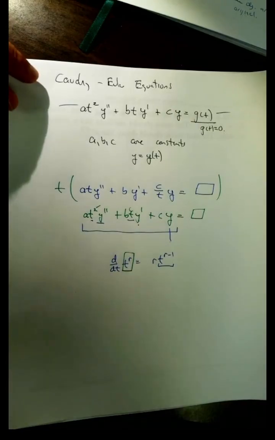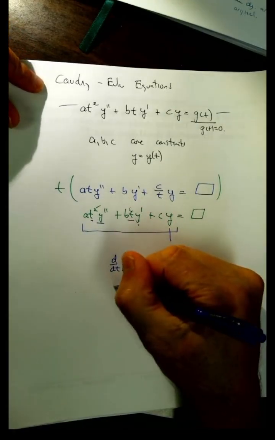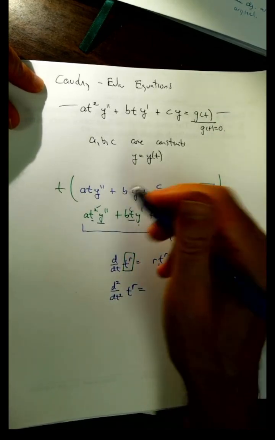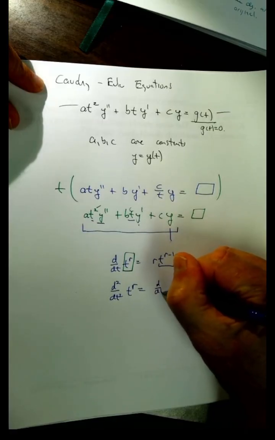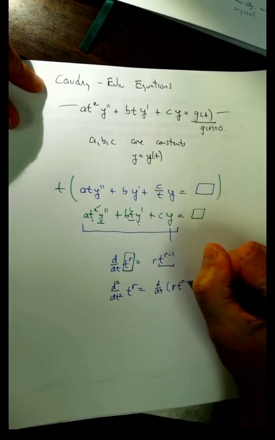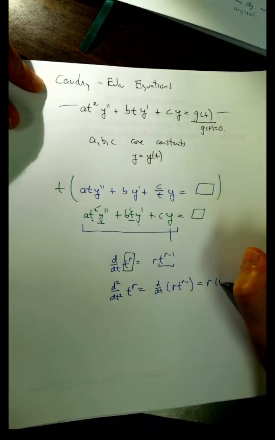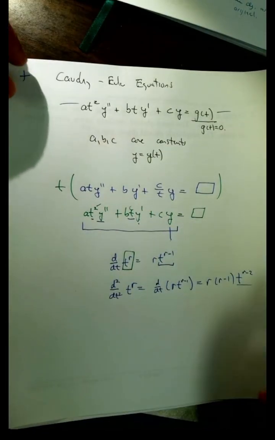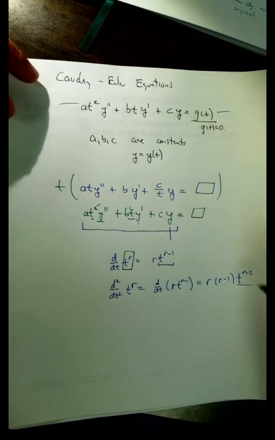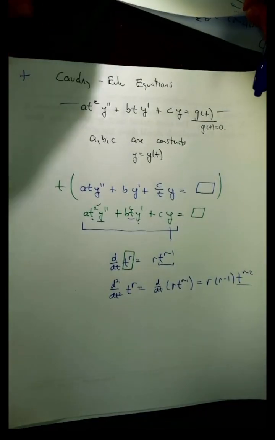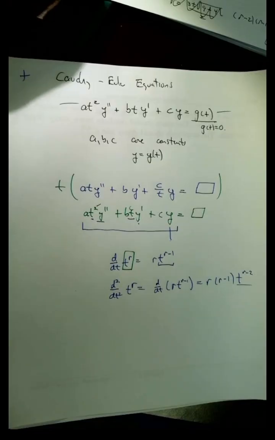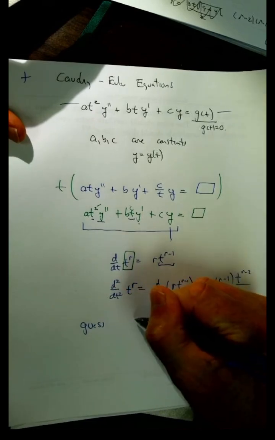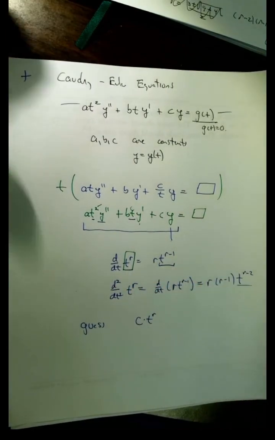If this is the first derivative, and r is a constant, then the second derivative reduces the power by 2, and when we multiply by t squared, we get t raised to the r. So what this means is that we're going to guess something that looks like c times t to the r.